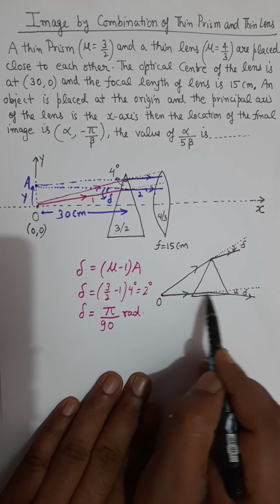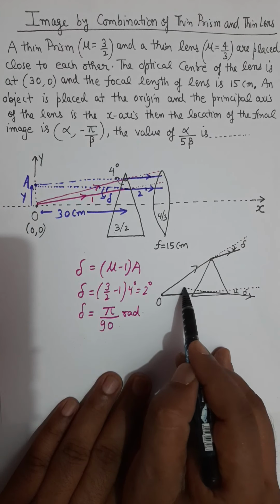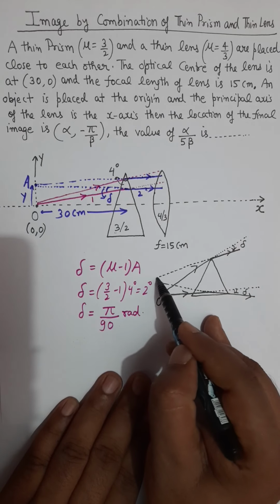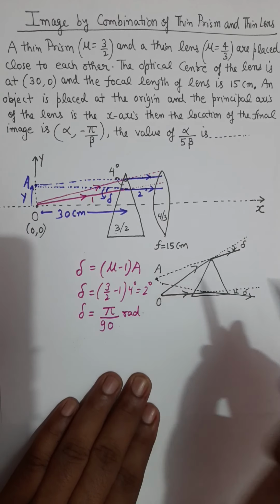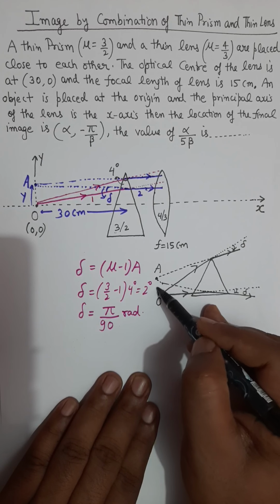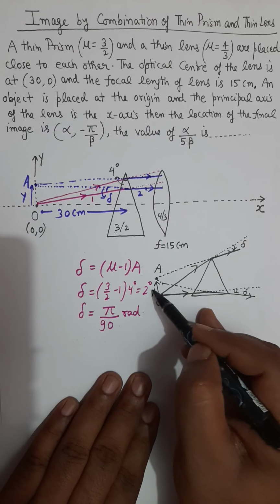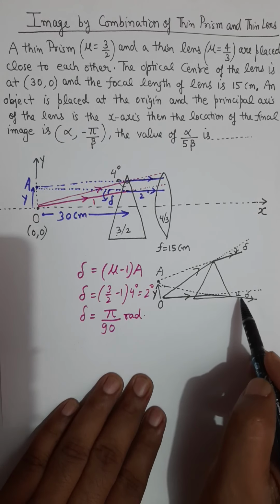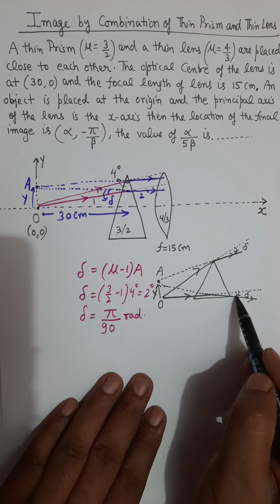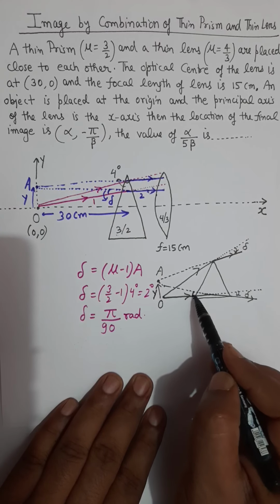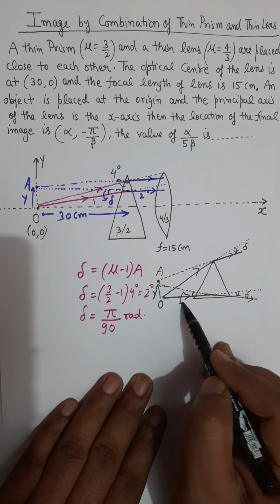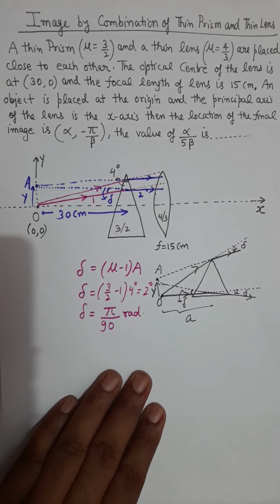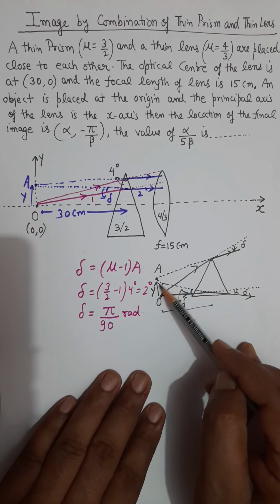After deviation, if I extend the deviated rays to the back side, you get a point here A, and this is the height y. And we are interested in finding y. So if this is delta angle, opposite angle will be delta. This angle will be delta. And this point O, let's say it is at a distance of A. Now I will focus on this triangle.